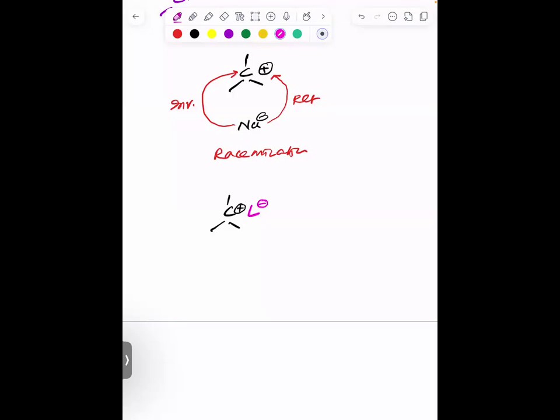Due to the Coulombic force of attraction.